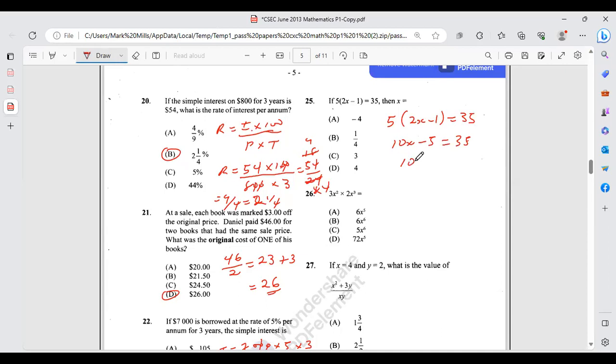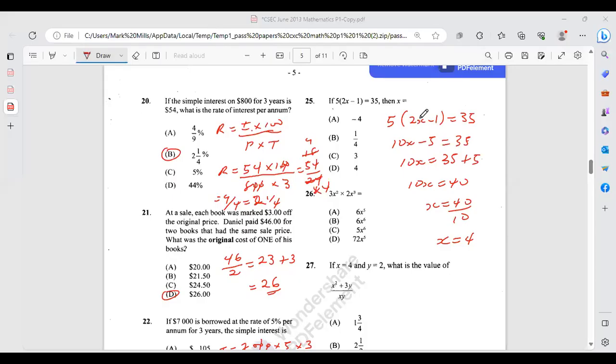Right? So it'll be 10x is equal to 35 plus 5. 10x is equal to 40. Right? So x is equal to 40 divided by 10. So x is equal to what? 4. Good. Okay, let's go. So the answer for 25 is what? D. All right, let's go to number 26.